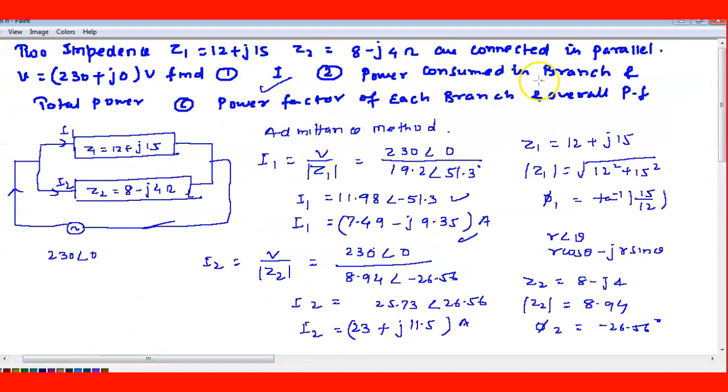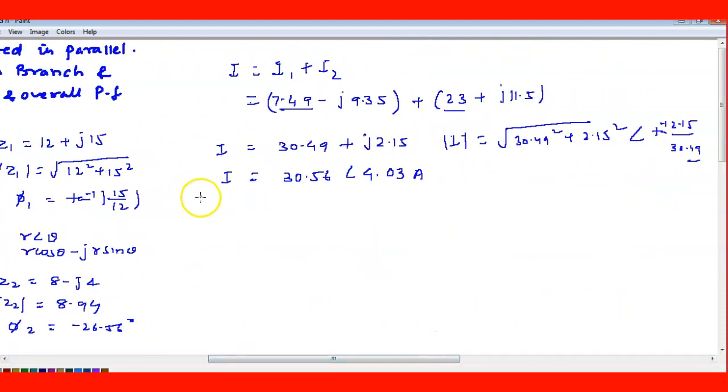Now the power consumed in each branch and the total power you have to find. The power consumed in the first branch, P1, is equal to I1 squared times R1, because you are finding I1 in the first branch.